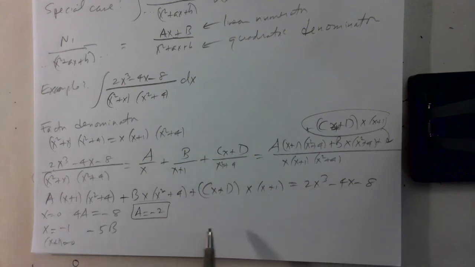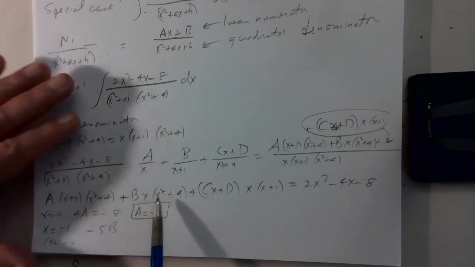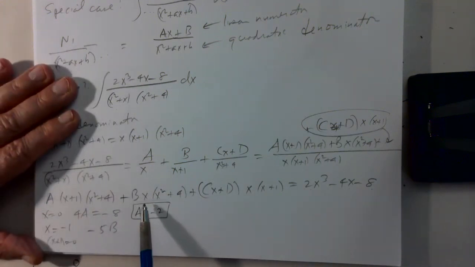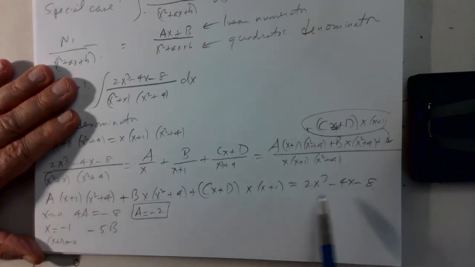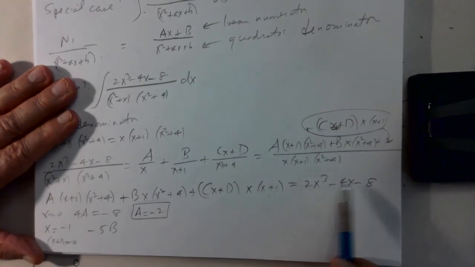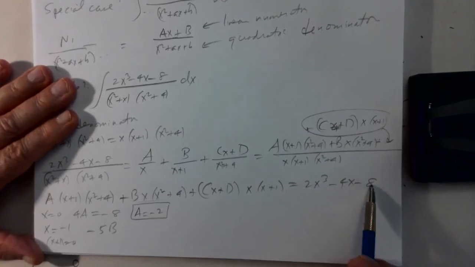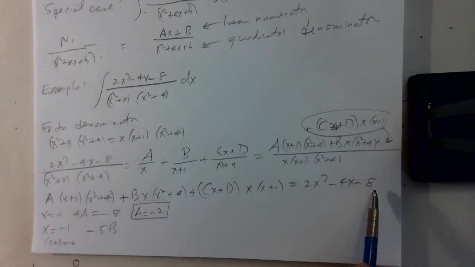Let me just double check that. If x is negative 1, this is 0. When x is negative 1, this is minus 5b. Minus 2 minus 8 is minus 10 plus 4, minus 6.